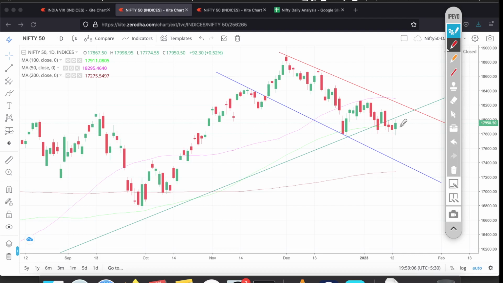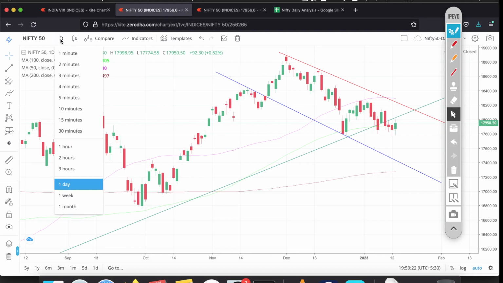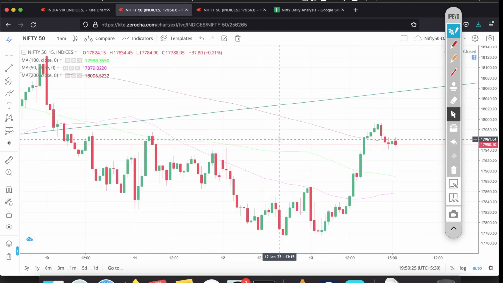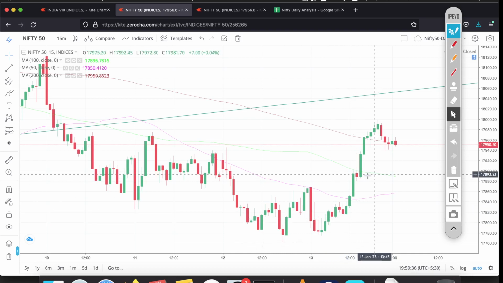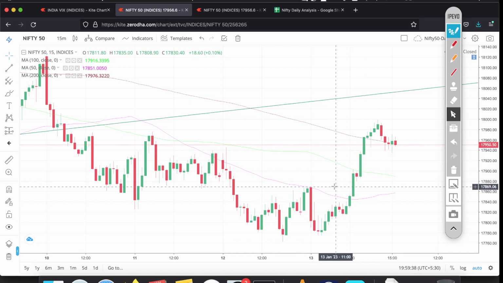Nifty made more than a 200-point recovery from the lows of today. After the first hour of selling, Nifty recovered and it kept pushing up. The bulls pushed it up almost above the day's opening, and this is the first day in the past few sessions where the price went up above the day open.